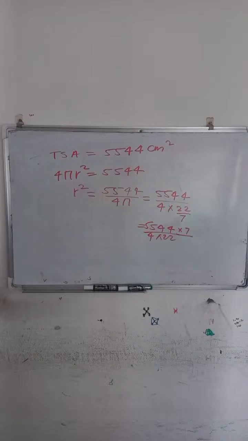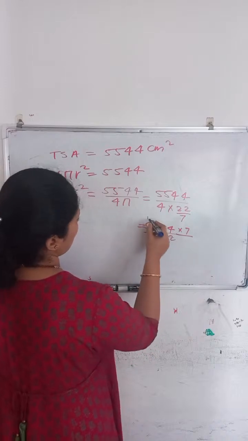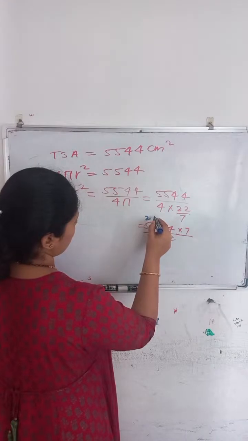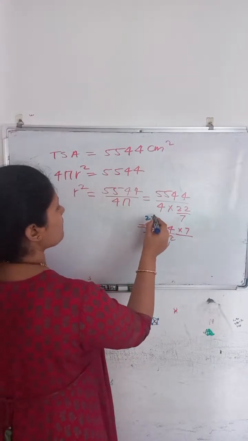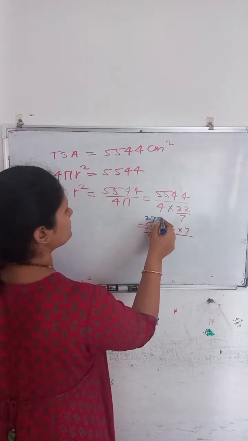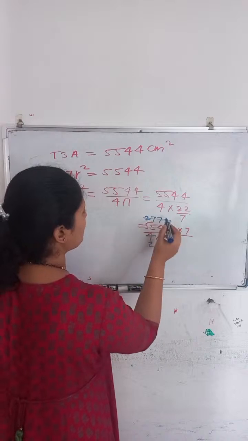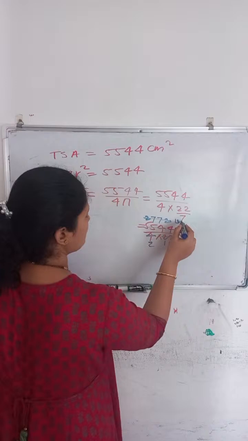Correct. So here you can simplify first. 1 1s are 1, 2 1s are 2, 2 2s are 4. Then we will get here, the 2 again divided by 2 further. 2 1s are 2, then 2 3s are 6.